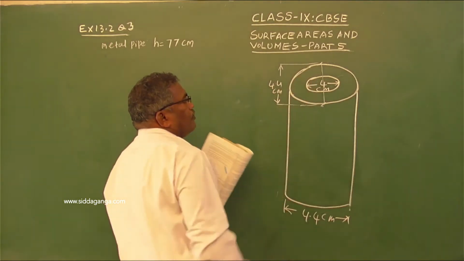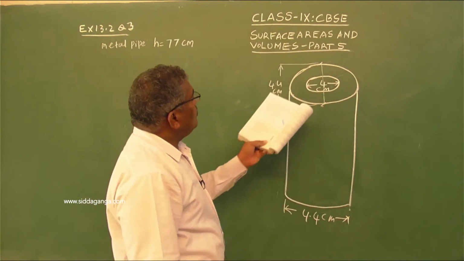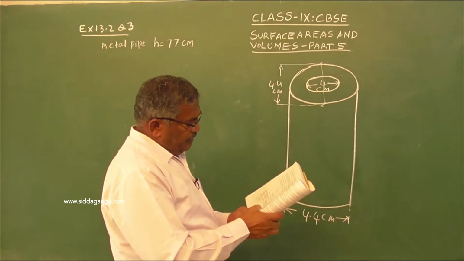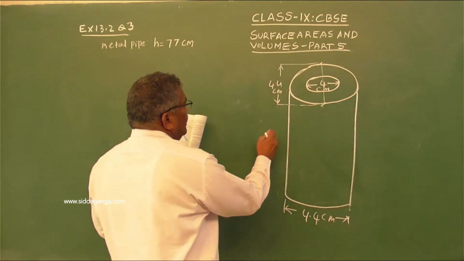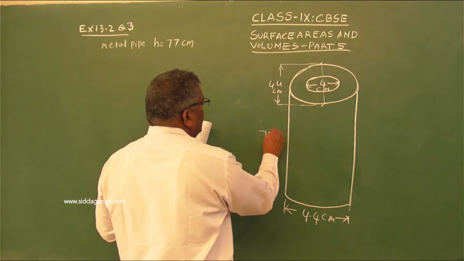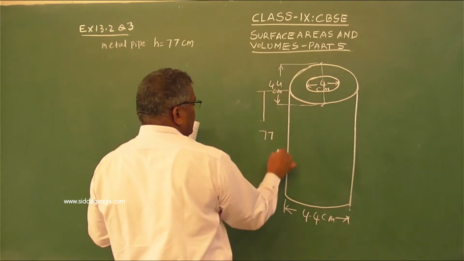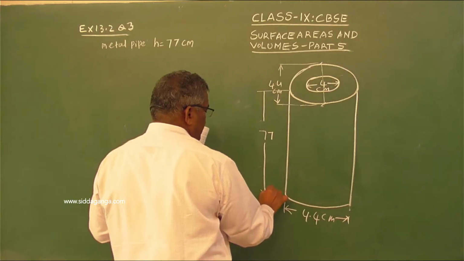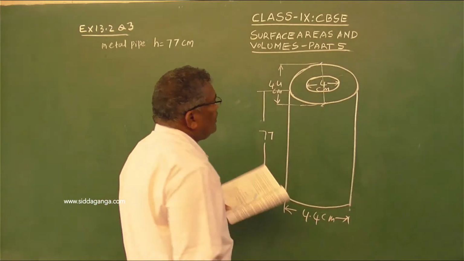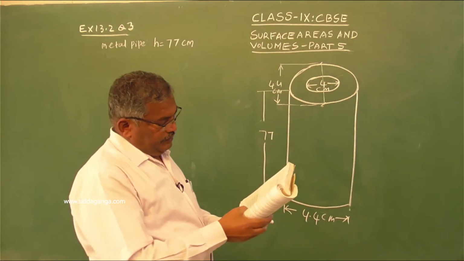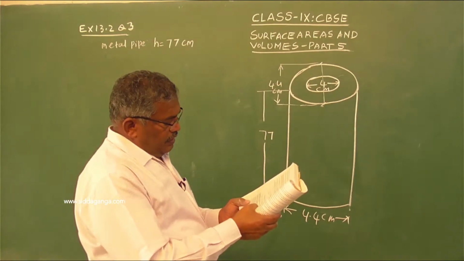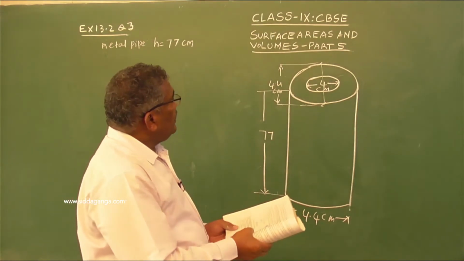Inner dia is 4 centimeter, outer dia is 4.4 centimeter, and it is 77 centimeter in length, which we call height.